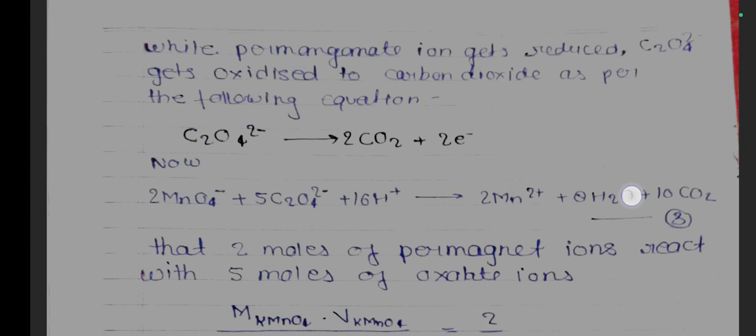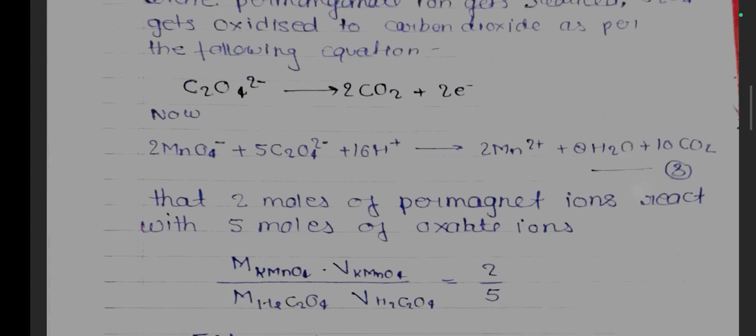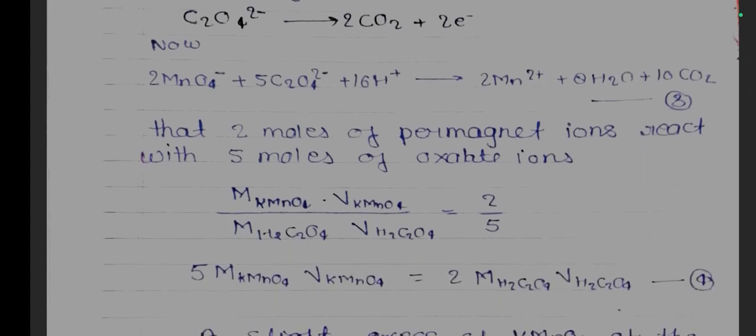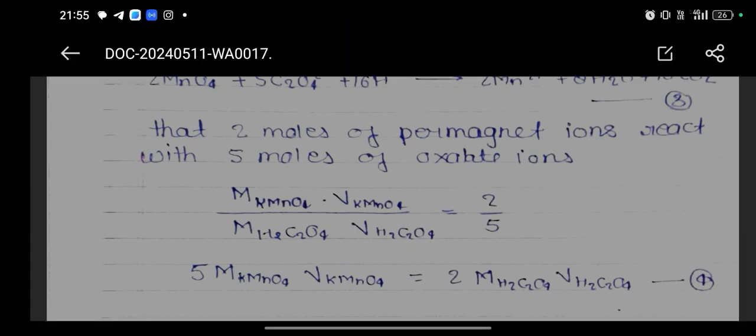And the atom that gains electrons is called the oxidizing agent, and the atom that loses electrons is called the reducing agent. So that is the real process of the oxidizing agent and reducing agent.